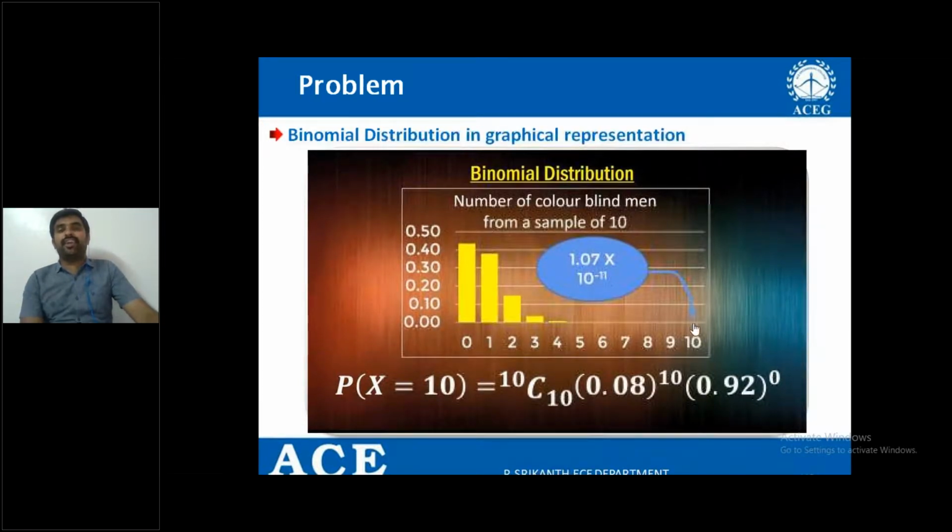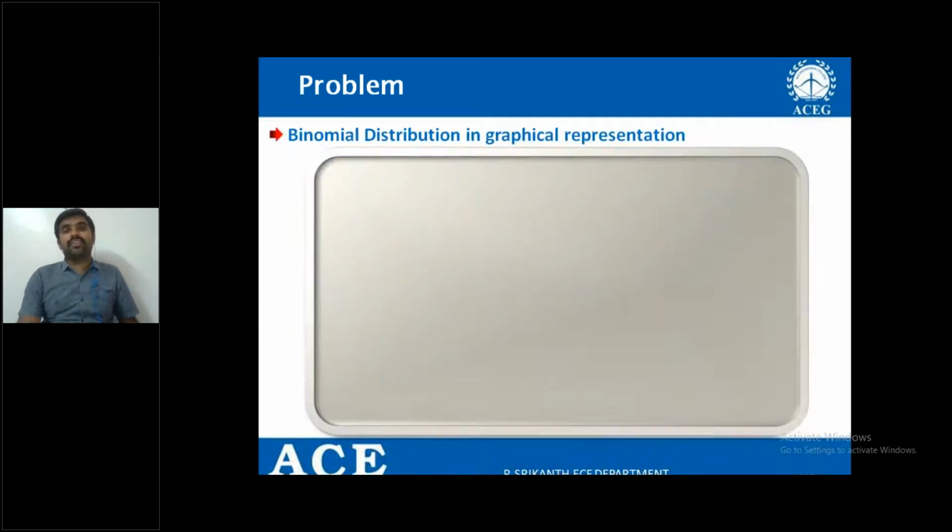In the previous slide only, we have done this as the first question, 1.07 into 10 power minus 11. So if I draw this figure in the graphical way, I can find any probability value of interest. So it is always better to represent graphically whenever the problem is given, right?